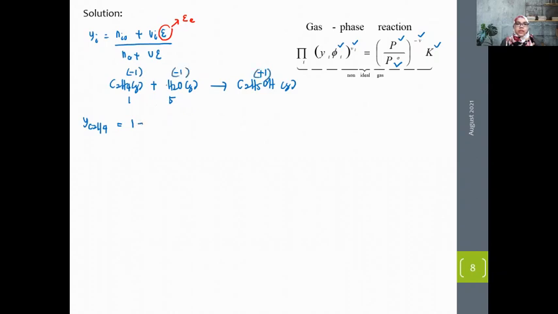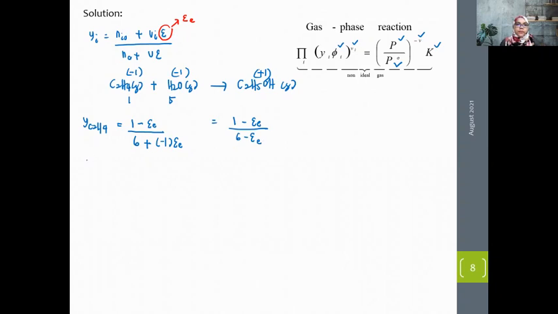So minus the equilibrium conversion over N naught, which is 6, 1 plus 5, and then we have minus 1. So we have 1 minus epsilon E over 6 minus epsilon E.